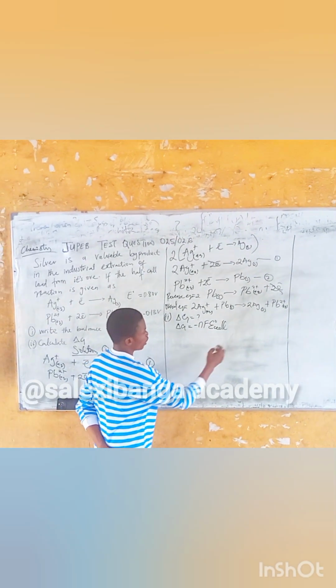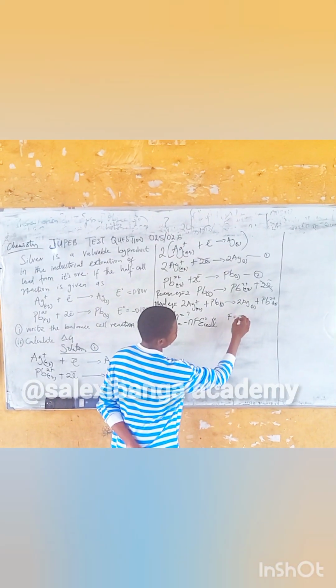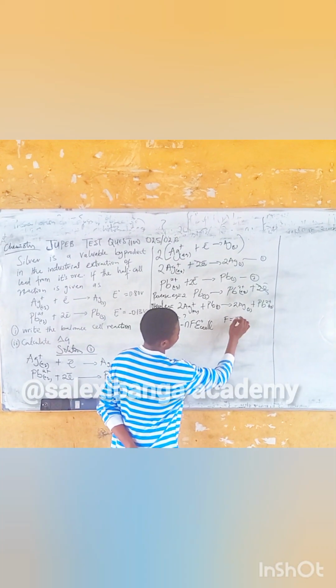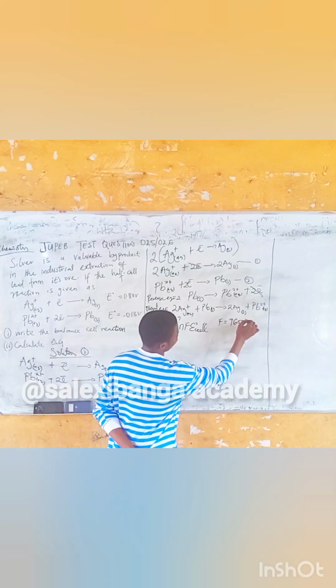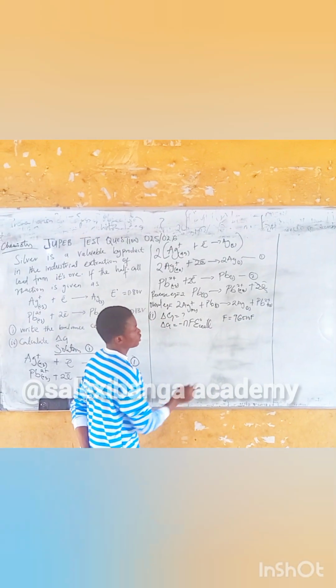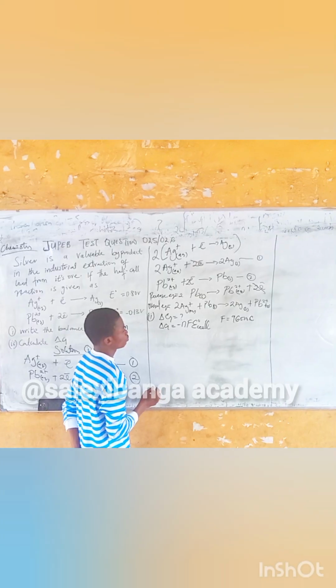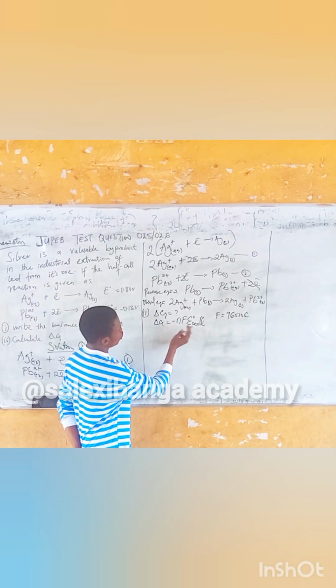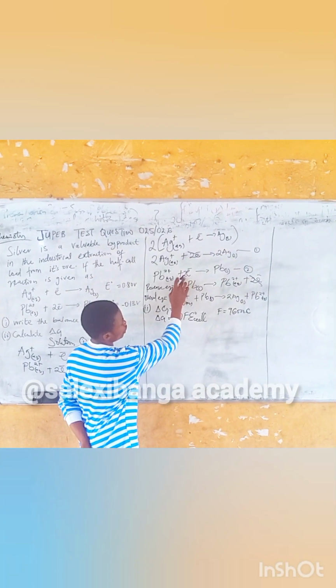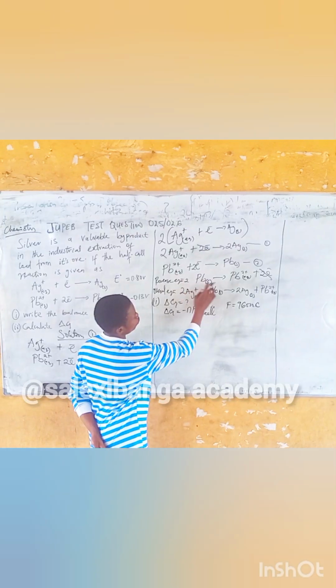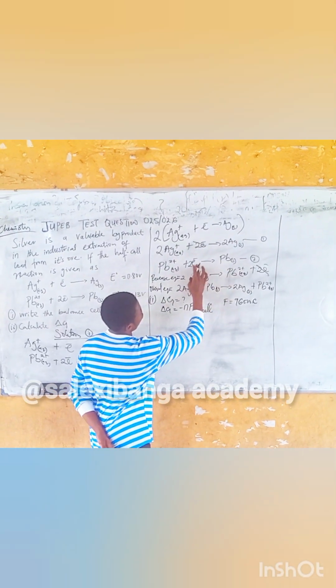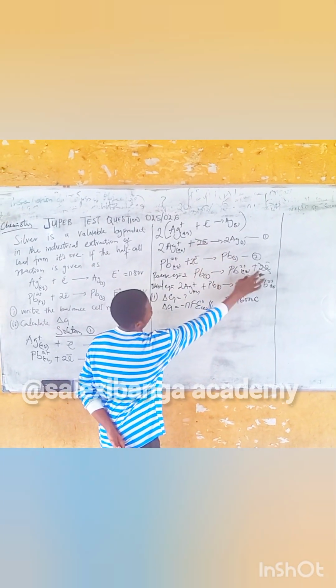We know that our F, Faraday constant, is given as 96500 coulombs. And the number of electrons lost or gained is the number of electrons present in the two equations. We have 2 and 2, those are the electrons that were cancelled out.